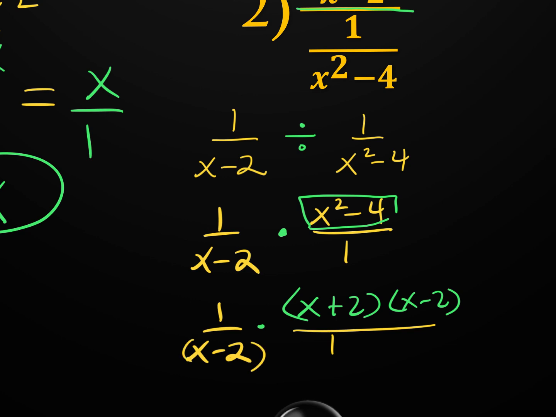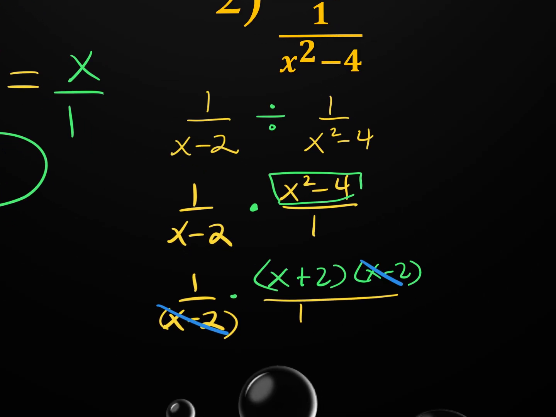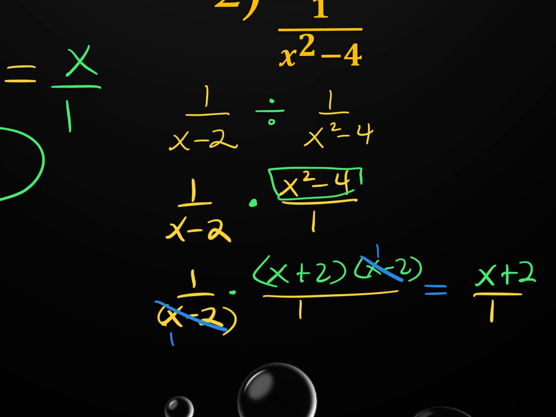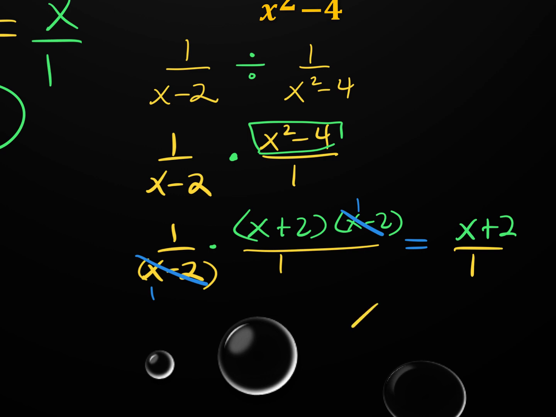The only thing I can simplify here are the x minus 2's. And now what's left is 1 times the x plus 2, and then 1 times 1 in the bottom, and that's just a 1. So you could either show that it's x plus 2 over 1, but then you need to simplify it to just the x plus 2.